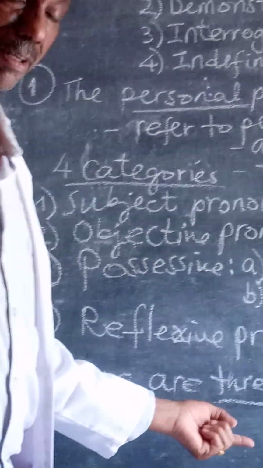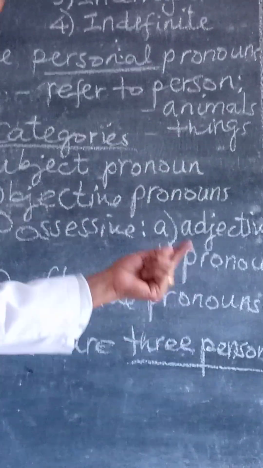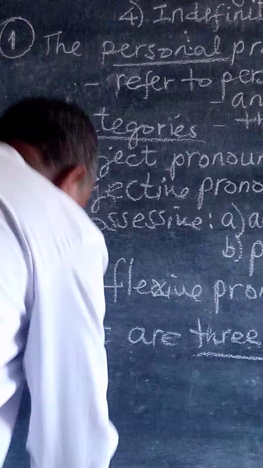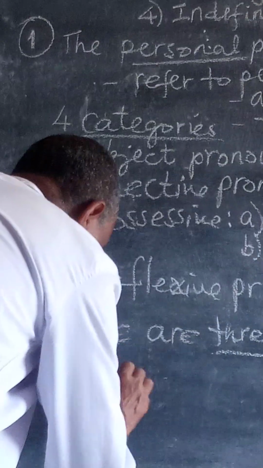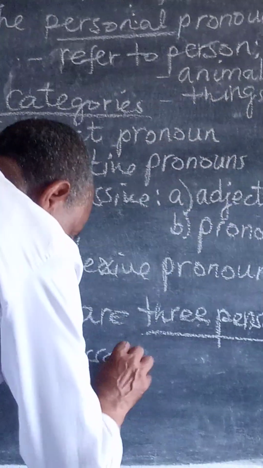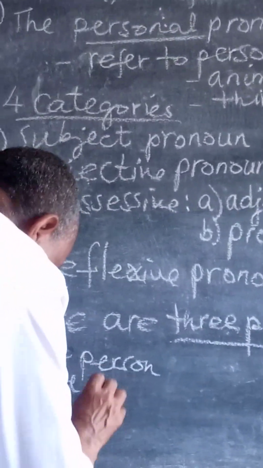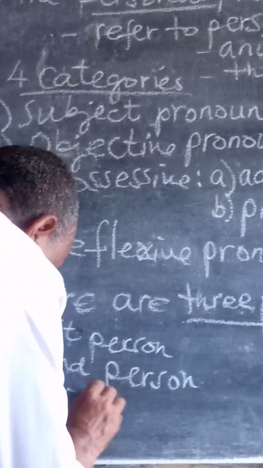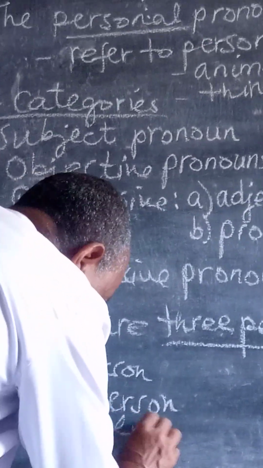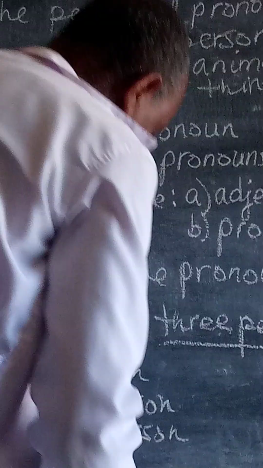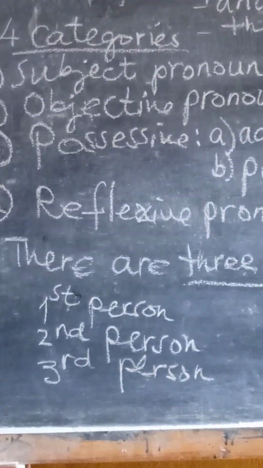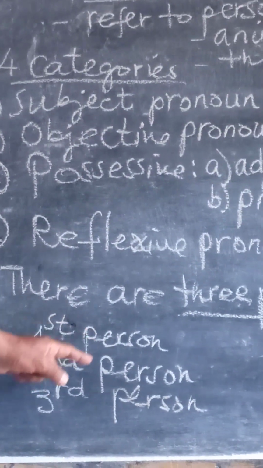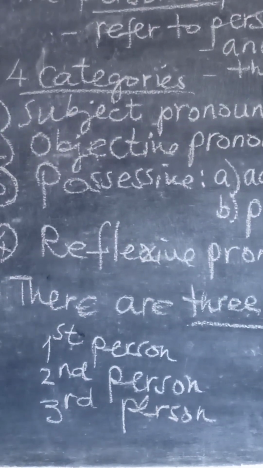It is a grammatical person. There are three grammatical persons, or three persons in grammar. These are first person, second person, third person. I'm sure students can understand what these persons are.